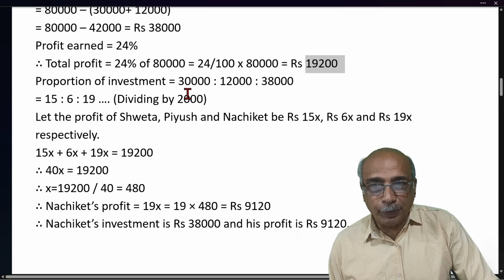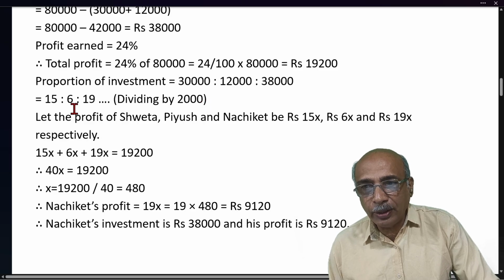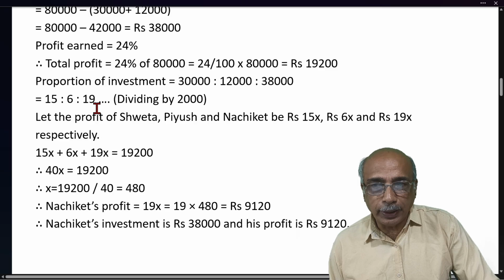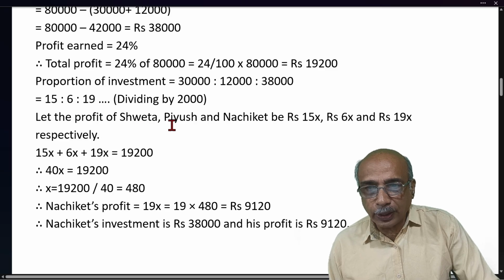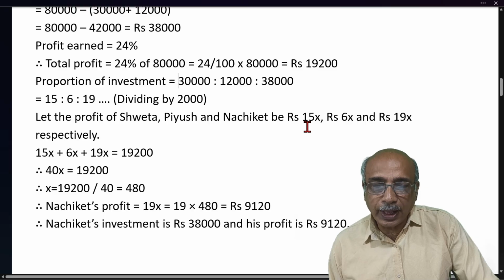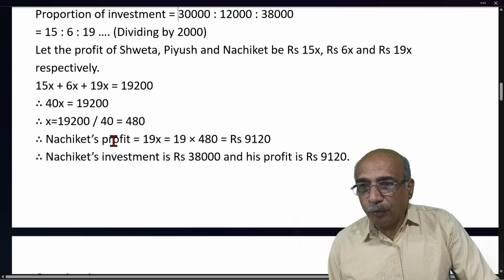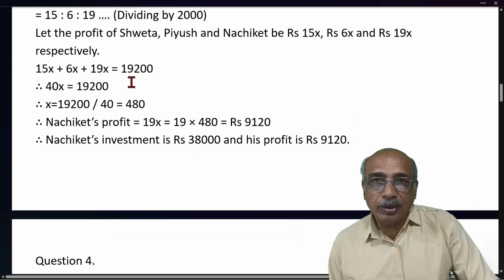Proportion of investment is 30,000, 12,000 and 38,000. Therefore, dividing each term by 2,000, we will get 15 is to 6 is to 19. Let the profit of Shweta, Piyush and Nachiket be rupees 15x, 6x and 19x respectively. 15x plus 6x plus 19x equals 19,200.